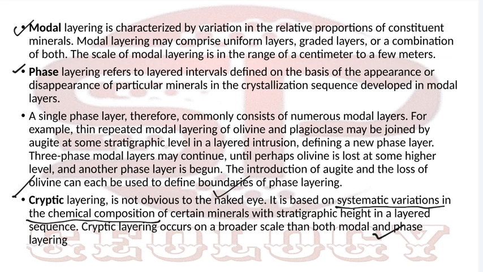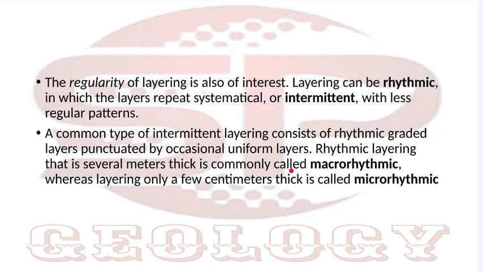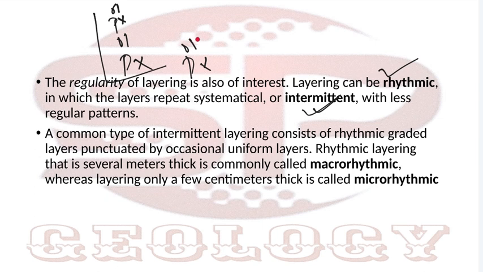Apart from that, on the basis of rhythm, you can classify as rhythmic or intermittent. I'll show you this diagram. Rhythmic means you already know, you will get a cyclic variation. That means if you get pyroxene, then olivine, then again pyroxene, then again olivine, this is rhythmic layering. And intermittent layering is a less regular pattern.